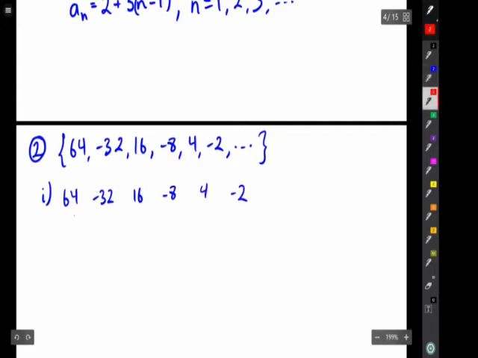What's going on here in each of these steps? Well, from here to here, we divided by negative 2. Here we divided by negative 2. Divide by negative 2, and so on.